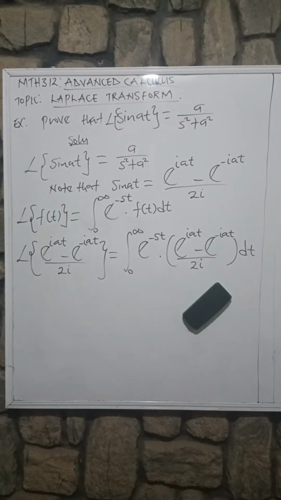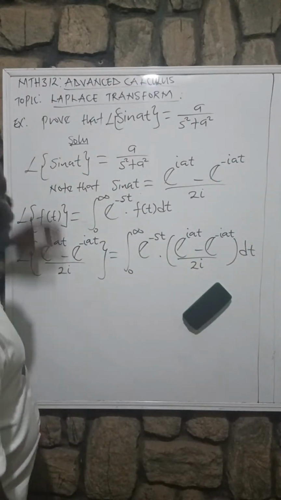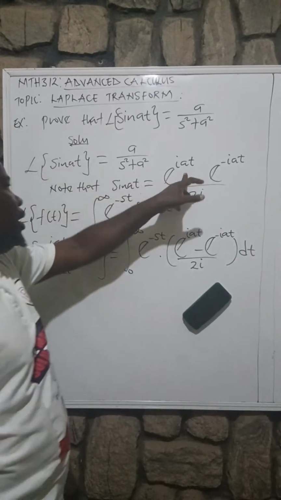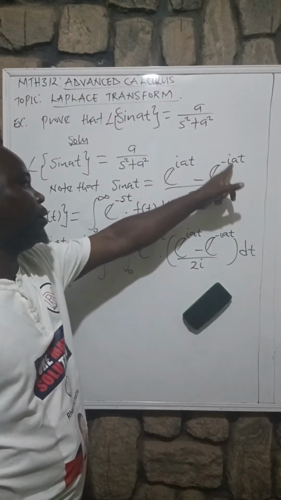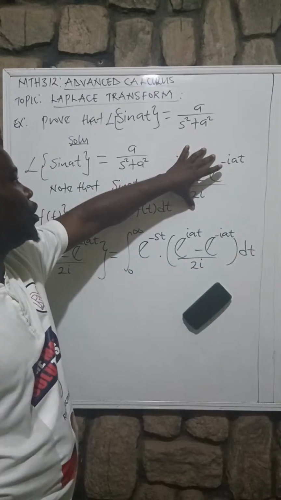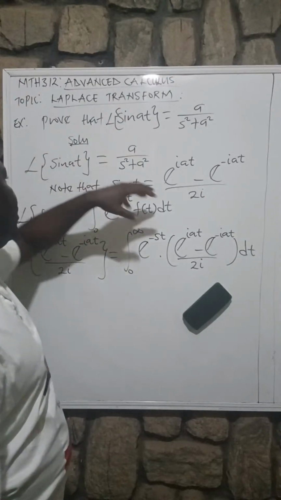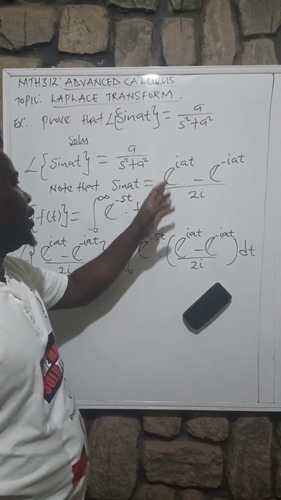Abdulaziz, I've not started solving. I'm just trying to break this down. I said in hyperbolic function, sine at is the same thing as exponential i at minus exponential minus i at all over 2i. So for us to prove this function, we have to introduce this. Sine at is the same as this.